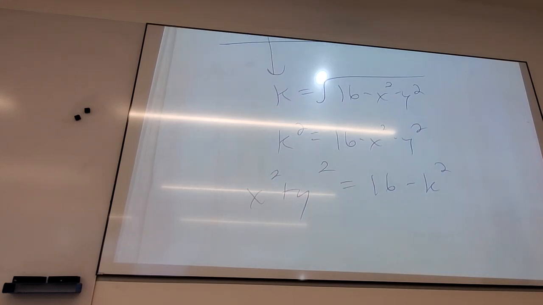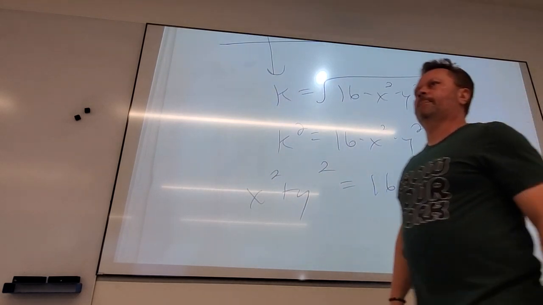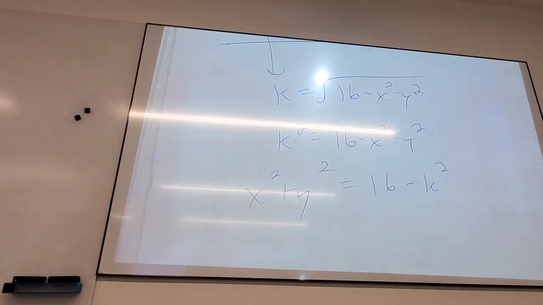What do I get? Not surprisingly, for my dome, if I said at a certain height, what shape would you get if you took a cross section? You of course would get a circle. That's what we just found, yes?